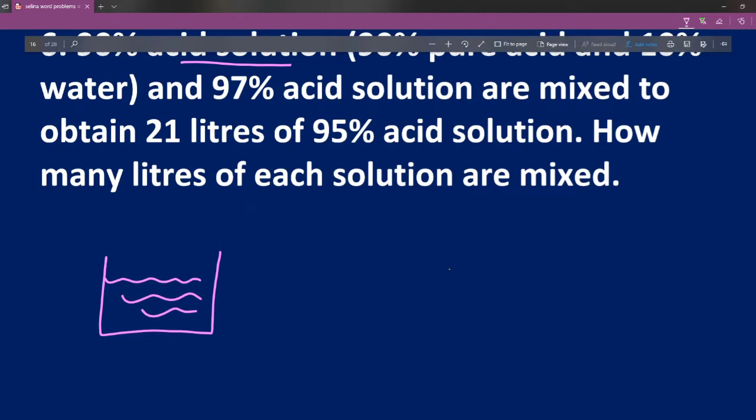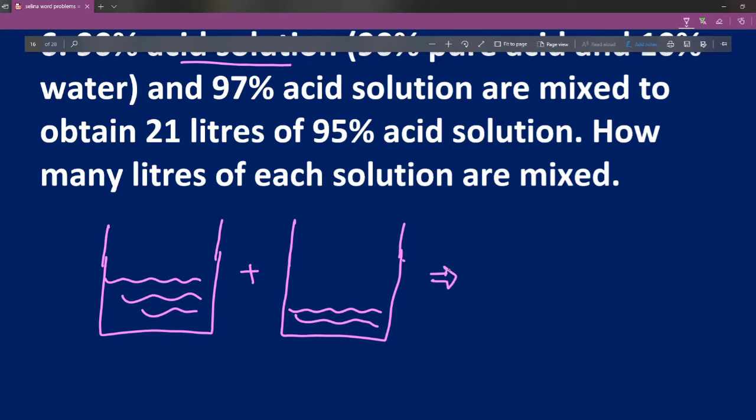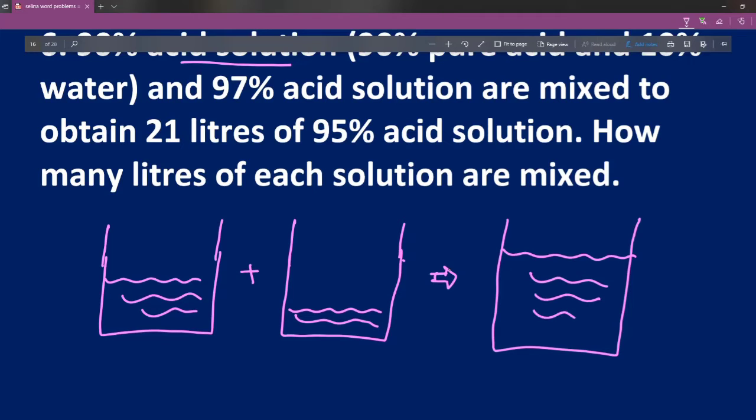Let us assume that I have two beakers. Just try to imagine that you are in a chemistry lab and you have two beakers like this. Now you mix the contents of these two and you get this.